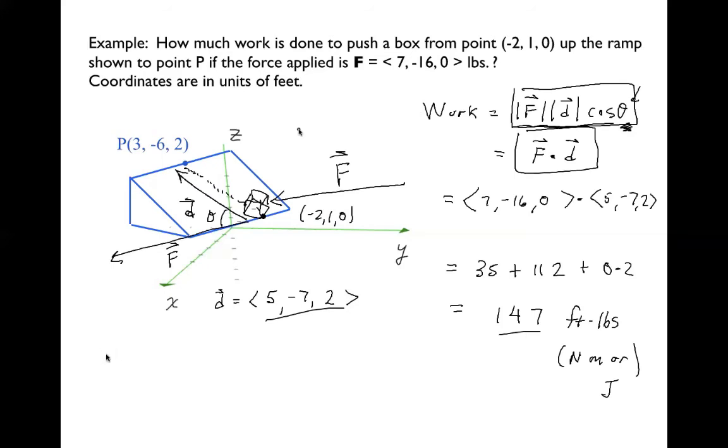So 7, -16, 0, dot 5, -7, 2. That was equal to 147. But that's also equal to the product of the magnitudes, in as much as they're in the same direction.